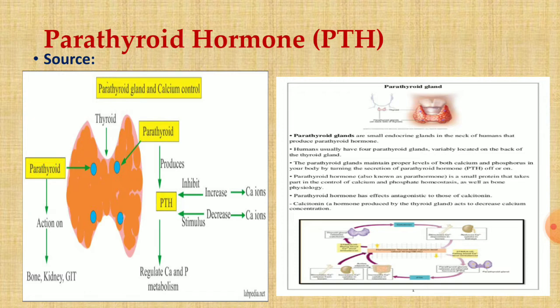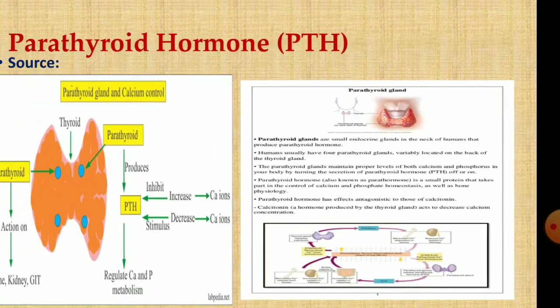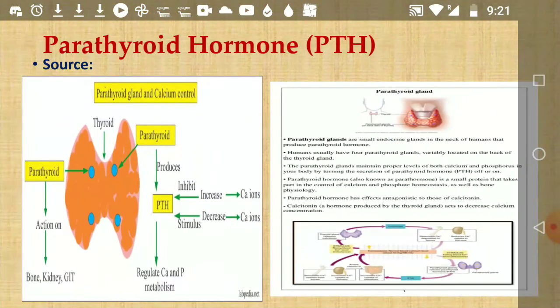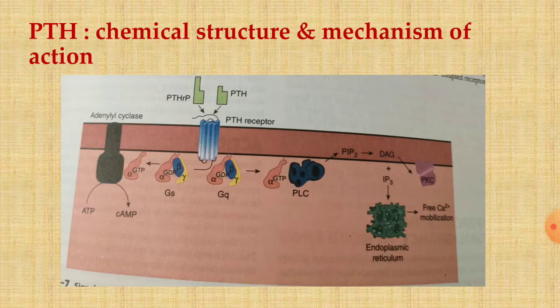Now this parathyroid hormone, when it comes to its specific target organs, exerts its specific action through different cell surface receptors. There are different types of receptors present over the target organs for the action of PTH.